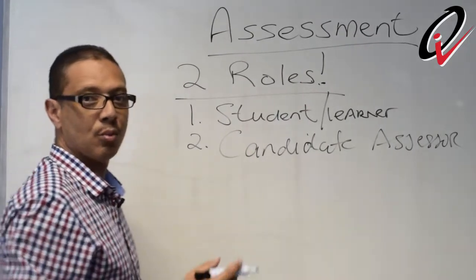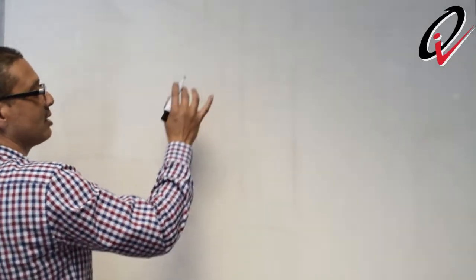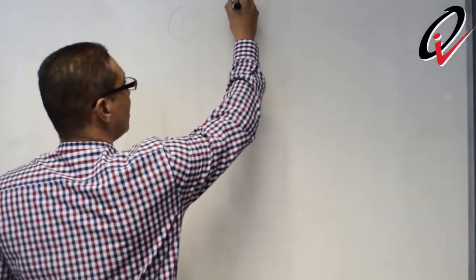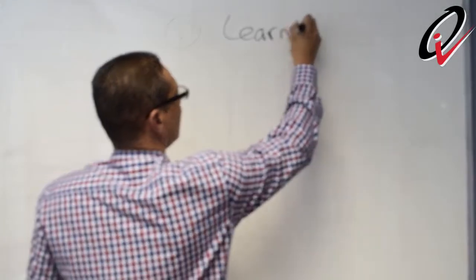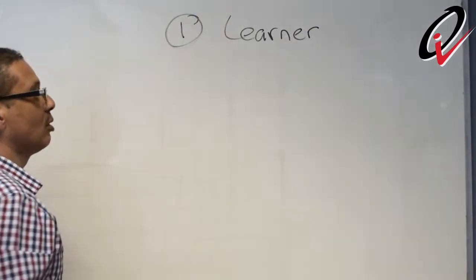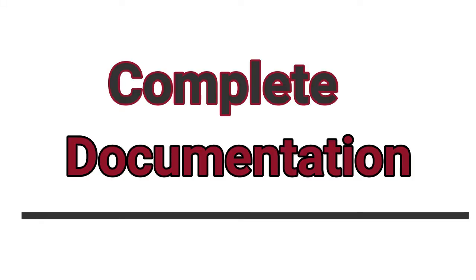So you need to understand these two roles and you need to separate them. So when we get to your portfolio, building will consist of two aspects, right? The first aspect that we're going to look at is from a learner perspective. You are now the learner. So when we are completing our portfolio, your task will be to complete all the necessary documents, to complete all the documentation, right?